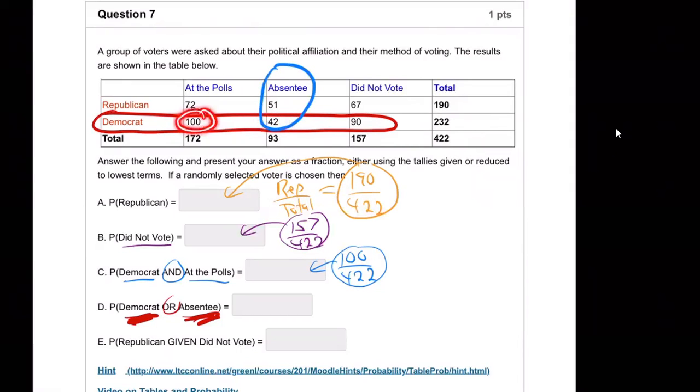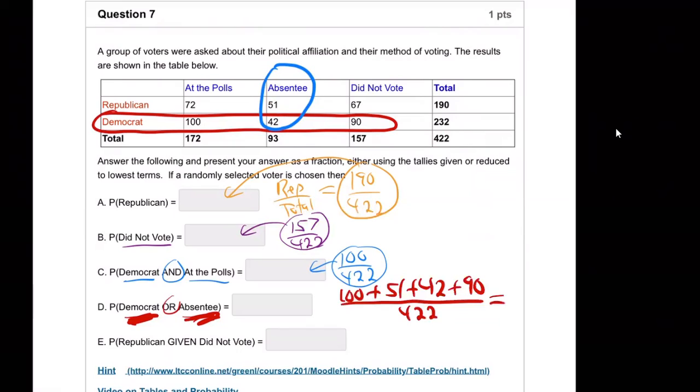But all these four numbers need to be added up, because all of them are either Democrats or voted absentee, or maybe both. At least they did one of those, so they fulfill our group. So it's 100 plus 51 plus 42 plus 90 over, again, the total of 422.